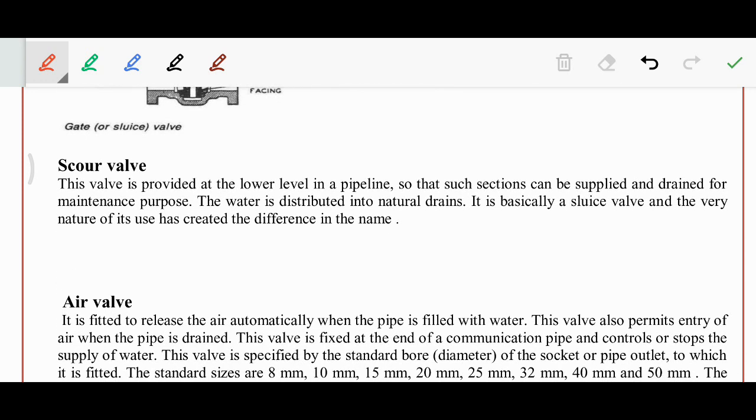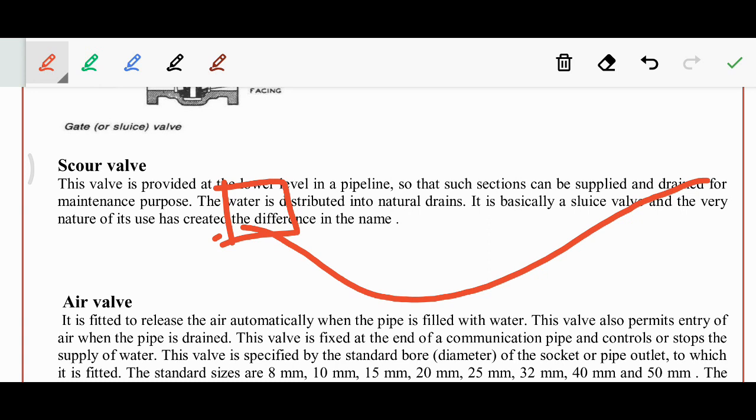Next we'll see the scour valve. This valve is provided at the lower level in a pipeline. So this is my reservoir or a tank, a storage tank. Somewhere here, at exactly the lower level of the total pipe network or pipeline, it is going to be installed. The main purpose of this scour valve is maintenance, which can remove silt.